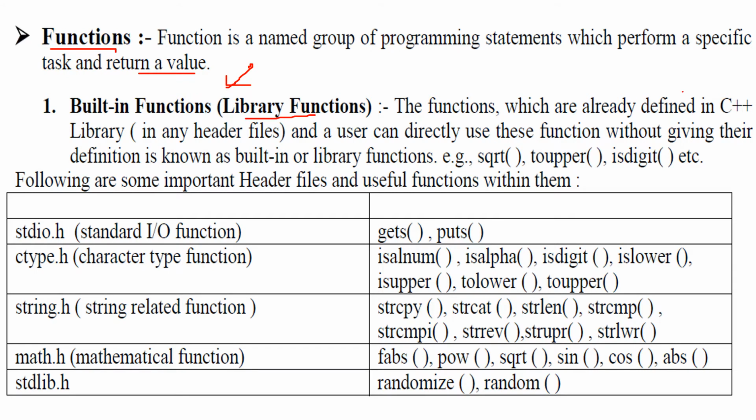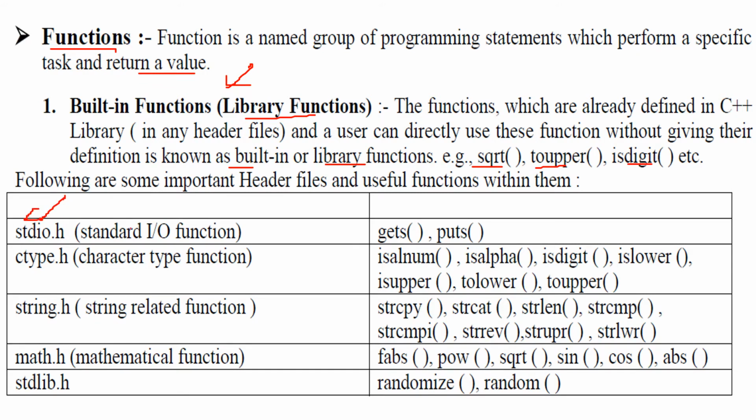These are already there in C++ in the header files, and we can directly use these functions. We don't have to give their definition because the definitions are already built in. You will find them in the library functions like sqrt, like toupper, like isdigit. So these are some header files and functions which we generally use.